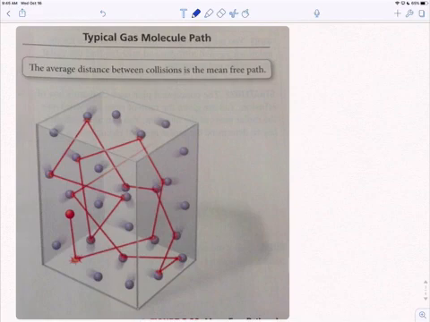And among other things we talked about before, the pressure from a gas also exists from these collisions. If you get hit by one gas particle, not a big deal. But if you get hit by like a mole of gas particles, you can get into that. If you increase the temperature, you increase the speed, which means you have more collisions. And the collisions have more momentum, because momentum is mass times velocity. So you have more collisions, and each collision has more strength. So that's the thing with pressure.